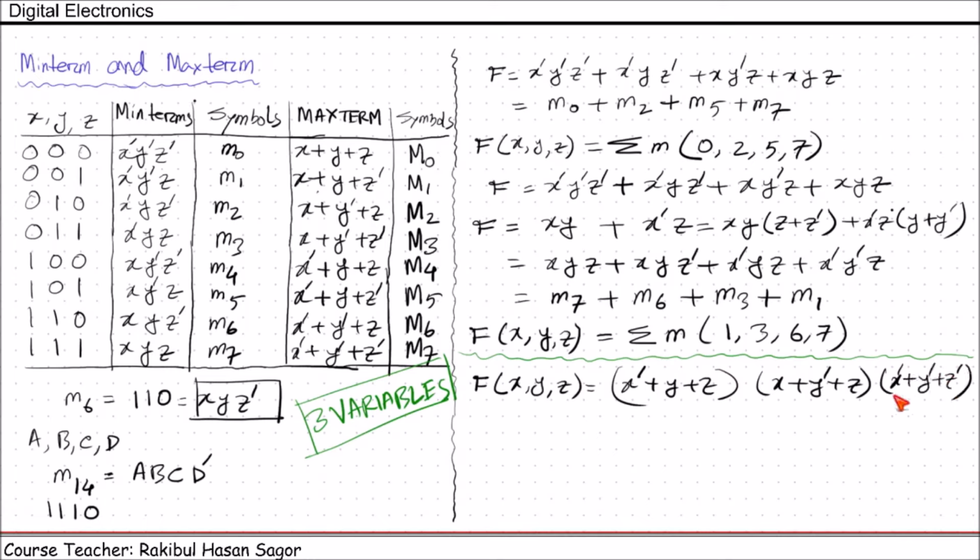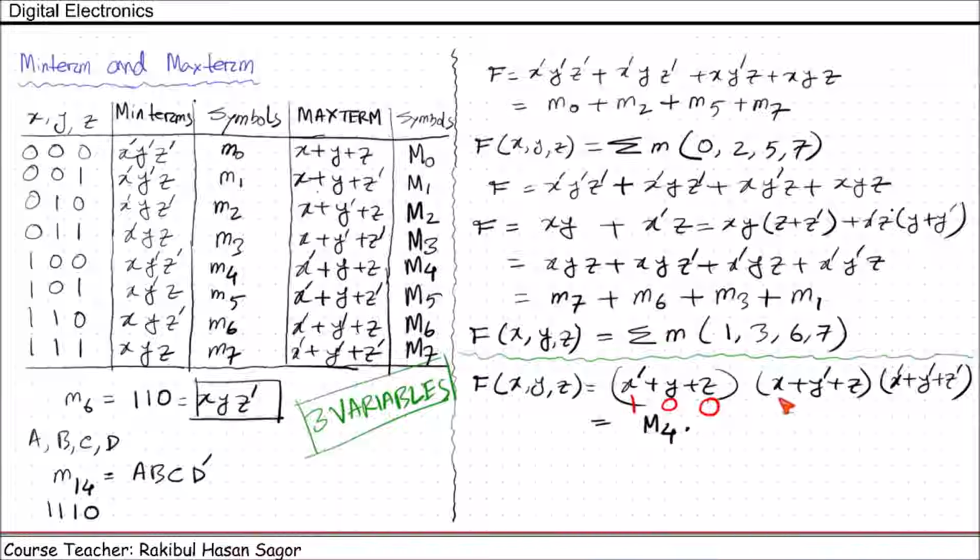Now this function can be represented in this format. For this, what is the corresponding binary value of this Maxterm? This is x prime y z. X prime means 1 here in Maxterm case. So we have 1, 0, 0, and 1, 0, 0 has corresponding symbol, that is M4.